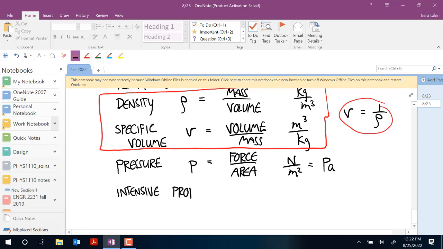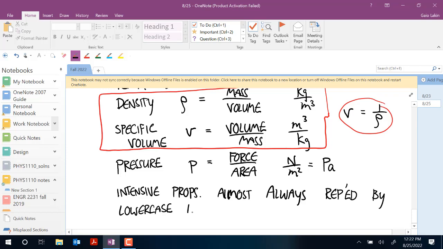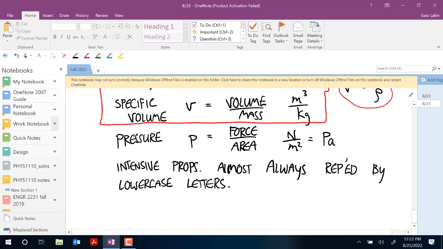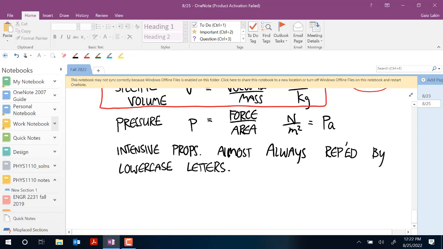Intensive properties are almost always represented by lowercase letters. One thing to look for is intensive properties that have an overbar over them.